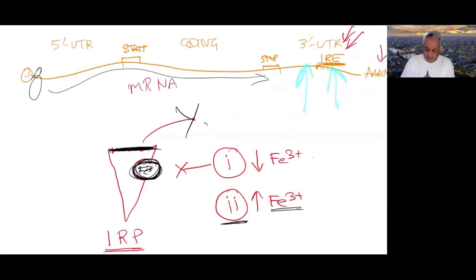And when they do that, they cut it into pieces, beginning at the 3' end. And once you start cutting it into pieces, the messenger RNA, it doesn't survive very long, and it's destroyed. It's no longer available to be translated into transferrin receptor, and therefore the number of receptors is reduced on the surface of the cell, and therefore less iron enters the cell.